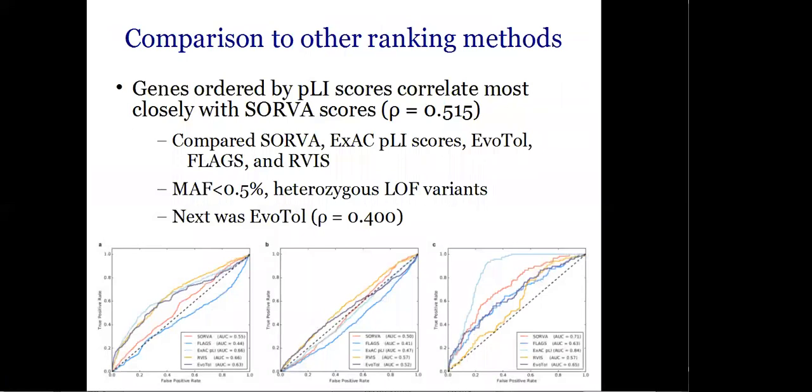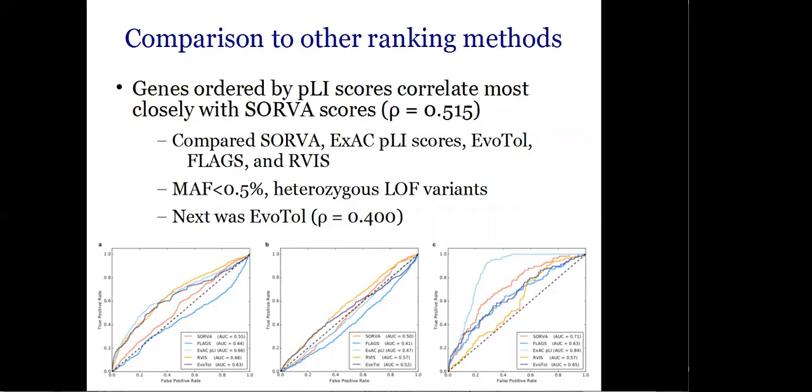Now, I did want to compare SORVA to some other existing methods. Other methods to calculate the p-value of your findings aren't available other than the transmission and de novo association test, or TADA, but there are other methods that allow you to rank genes.